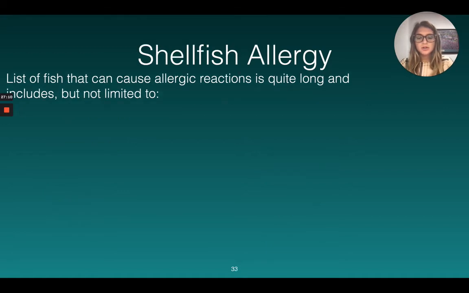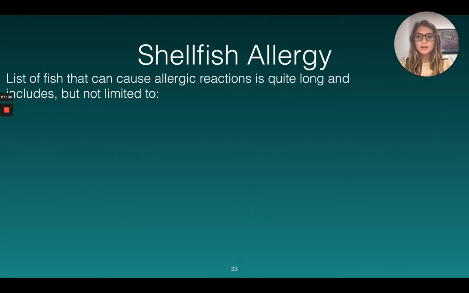And then shellfish allergy, a little bit different components of the seafood. So one person may be able to consume fish, but they may not be able to consume shellfish. So for me, for instance, I can consume all types of fish and shellfish except for scallops. That's the only shellfish that actually causes an allergy within me. So again, it's going to be completely individual to the person.